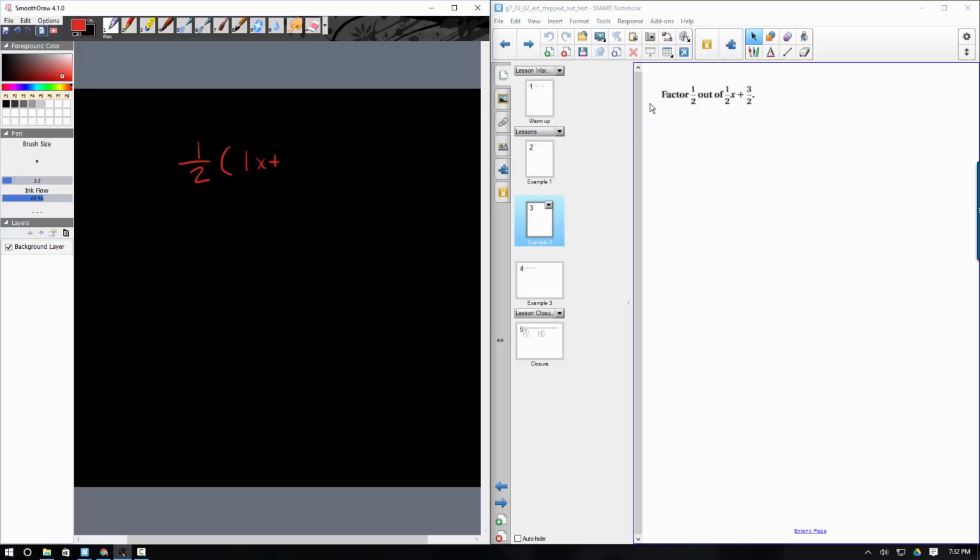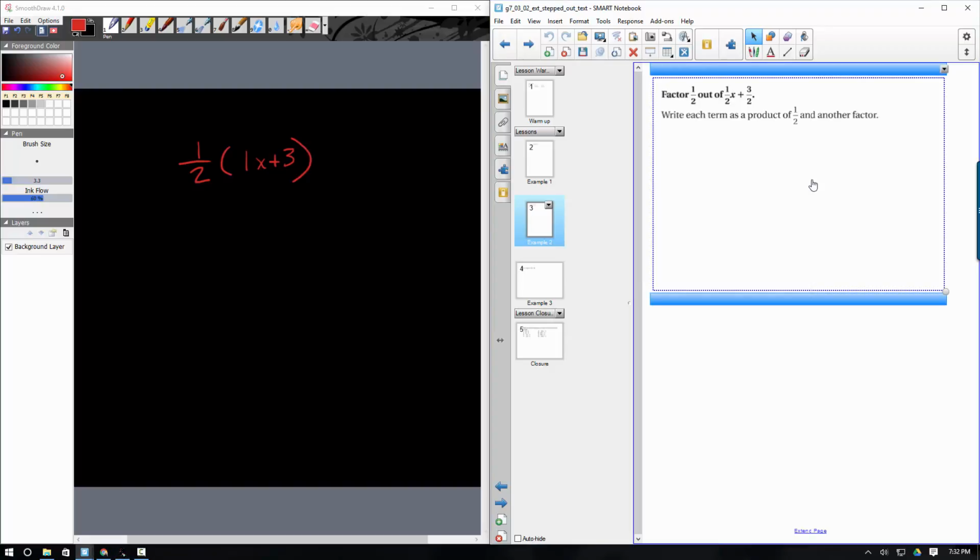I have 3 1/2 segments in 3/2, so plus 3. And here it is, 1/2 times x plus 3. Notice I put 1x. You could also just leave it as x. And these are the various steps that you rewrite, and we distribute through to make sure that it works out.